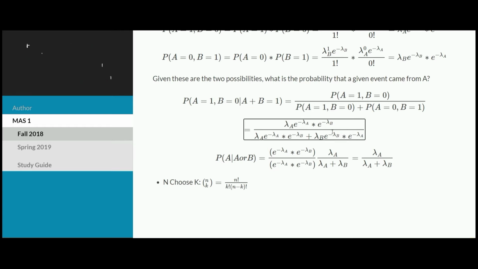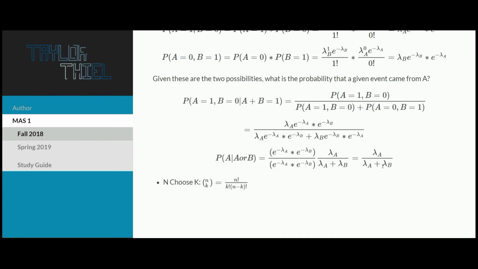And what we see is we have a common factor we can pull out. In both the numerator and the denominator, we have e to the negative lambda A and e to the negative lambda B. So we can pull that out of both, and those just become 1 and go away. All we're left with is lambda sub A divided by lambda sub A plus lambda sub B.